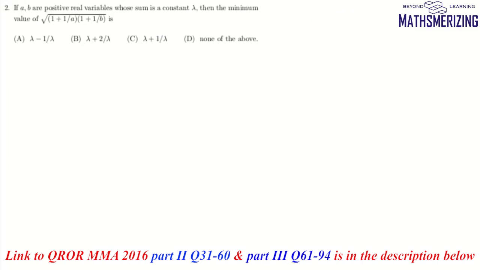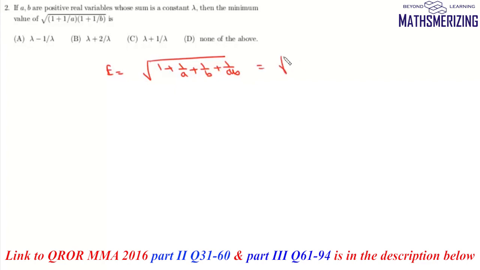Now question number 2 is, if a and b are positive real numbers whose sum is a constant lambda, then we need to find the minimum value of the square root of (1 + 1/a)(1 + 1/b). Now we know that we can write this expression E as the square root of 1 + 1/a + 1/b + 1/(ab).